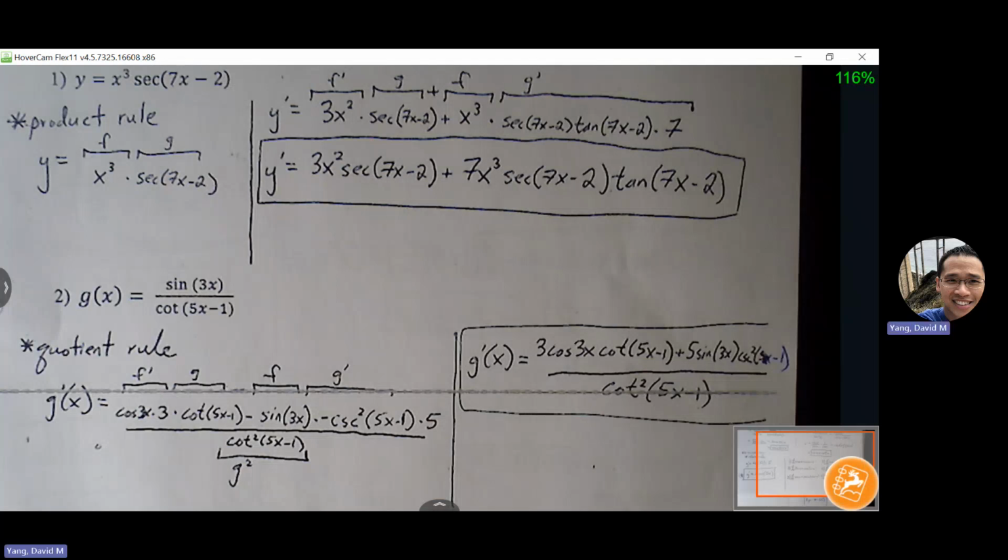Number two, hopefully it's easily identifiable, the need for quotient rule there.